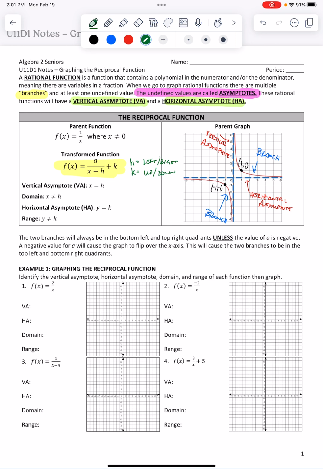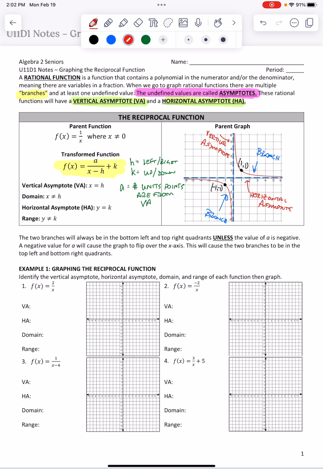So in our case, a is going to tell us how many units our points are from, we'll call them VA, the vertical asymptote, okay? So just by looking at a over x minus h plus k, we can determine the asymptotes and the domain and the range just by looking at it.